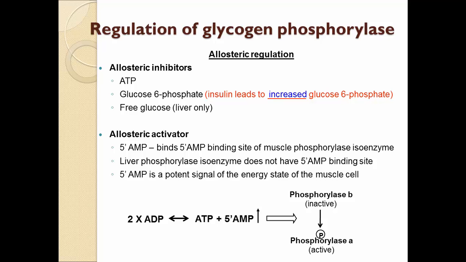Liver phosphorylase does not have a 5'-AMP binding site. So 5'-AMP is not the mechanism that regulates liver phosphorylase, right? So again, 5'-AMP does not regulate liver phosphorylase.